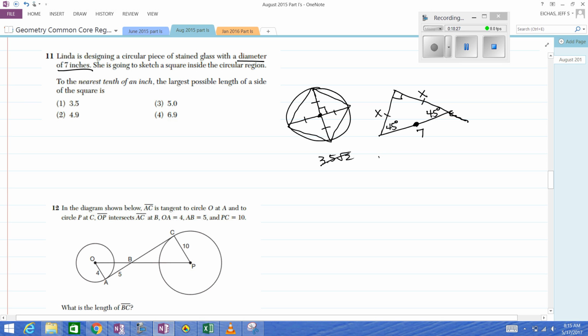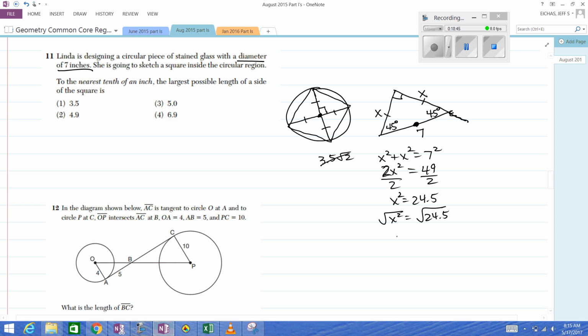I can show you: x squared plus x squared equals 7 squared. We'll just use the Pythagorean theorem. And then square root both sides. And we get 4.9. Oh, this is what they're, wow, this is mean. 4.9475.